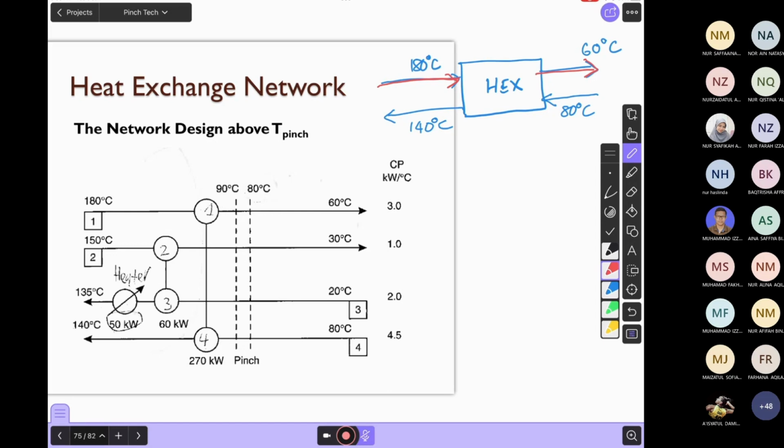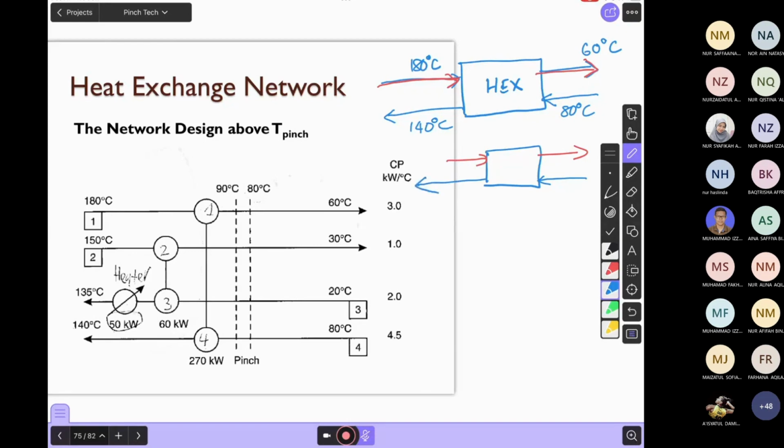Jadi macam mana you nak lukis? Okay, lukislah macam biasalah. Draw the box. So you have the box already. And then you ada hot stream masuk dan hot stream keluar. And then you ada cold stream masuk dan cold stream keluar.